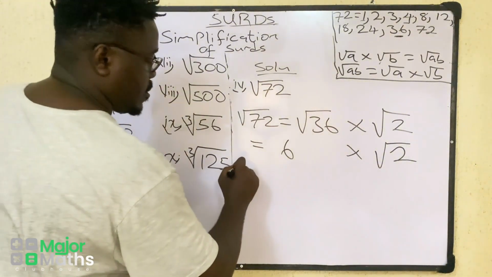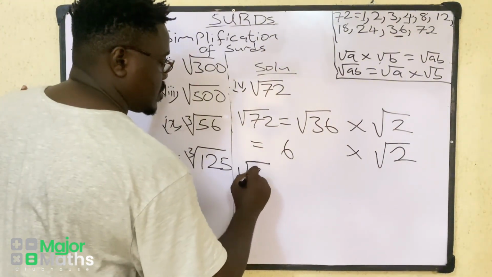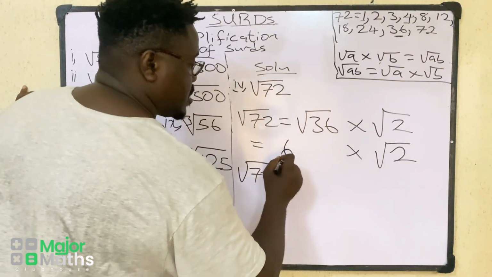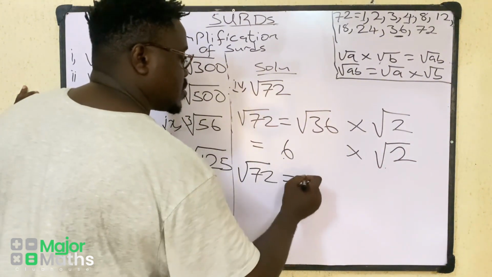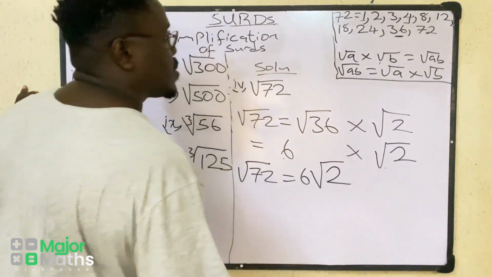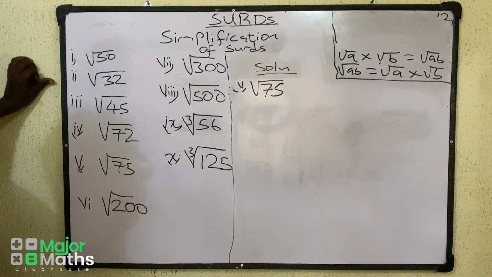So therefore, root 72 is equal to 6 times root 2, which is 6 root 2. So we are down to number 5.